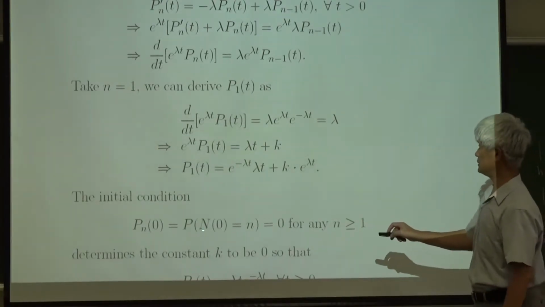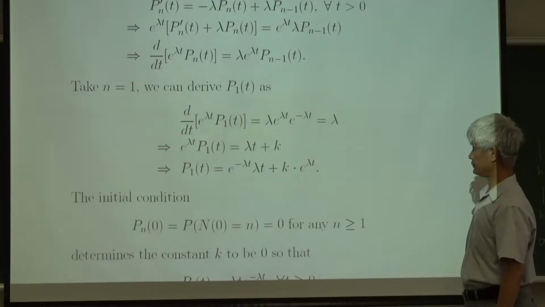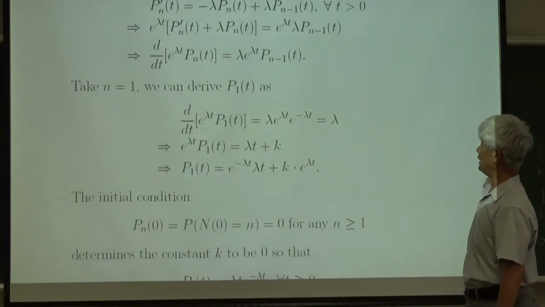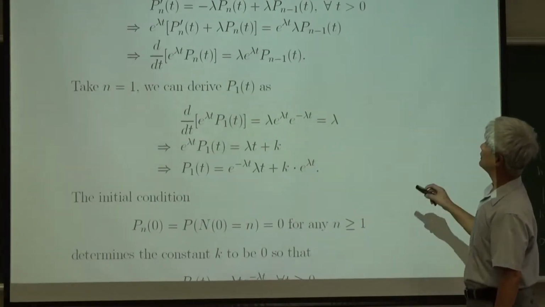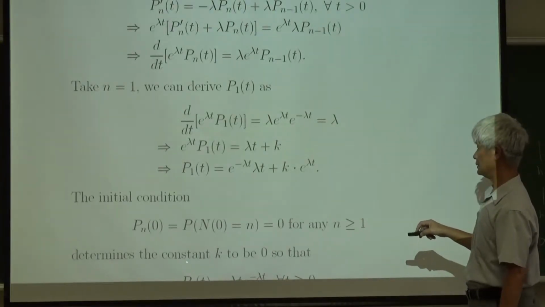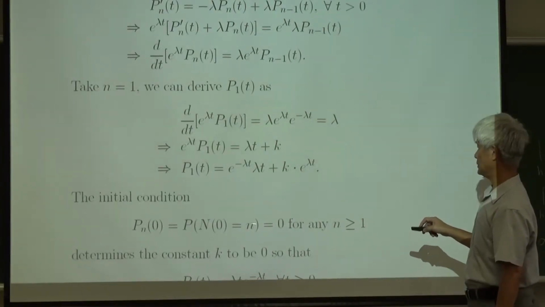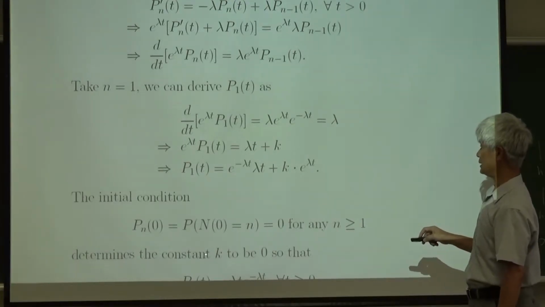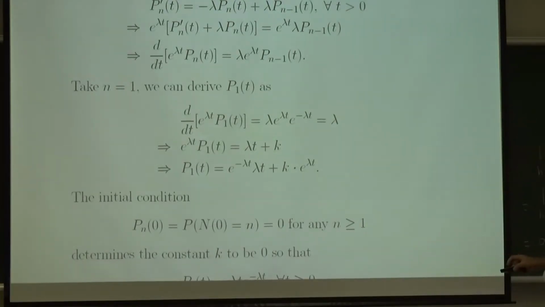So we know this is 0, and this boundary condition determines that the constant K is 0.